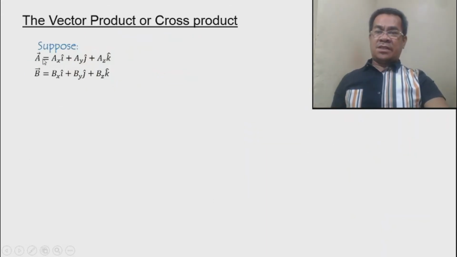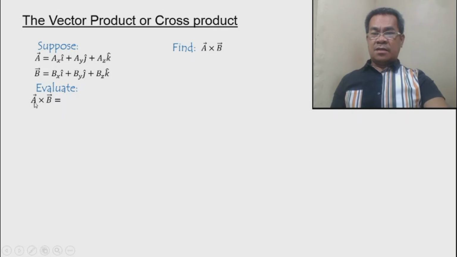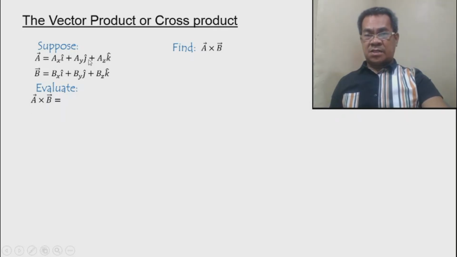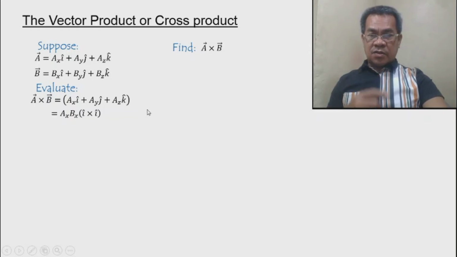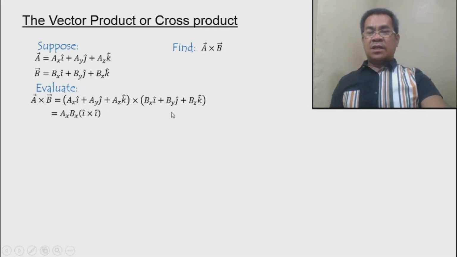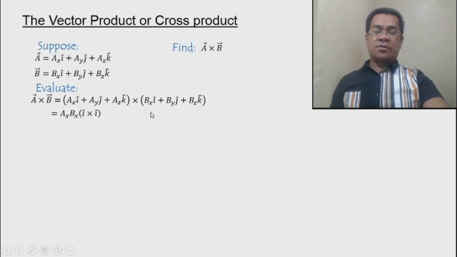Suppose we have vector A and vector B in terms of their components with the presence of the unit vectors. The question is, what is A cross B? Evaluate just like what we did previously. We replace A with the given and take the cross product with B. Next is to distribute in order to remove the grouping symbol and combine.